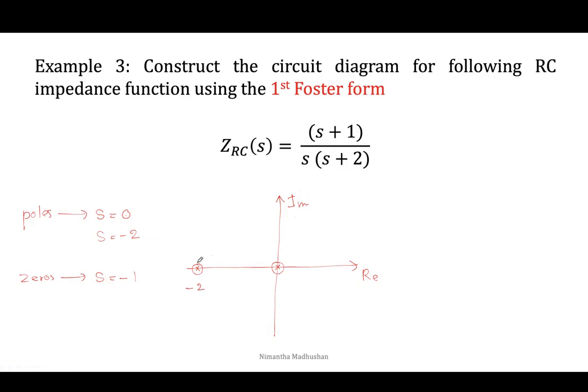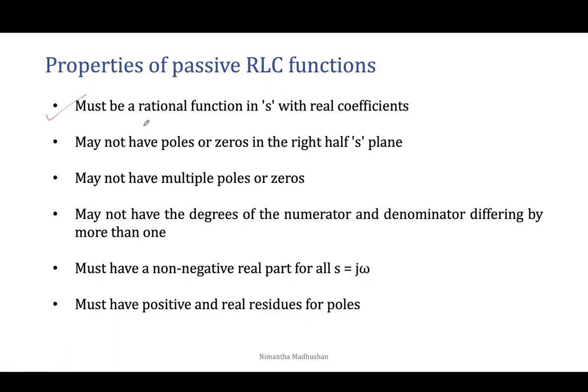And there is one zero at minus 1. In this plane, this is the right half plane. You can see there are no poles or zeros in the right half s plane. Then the second one is also satisfied.